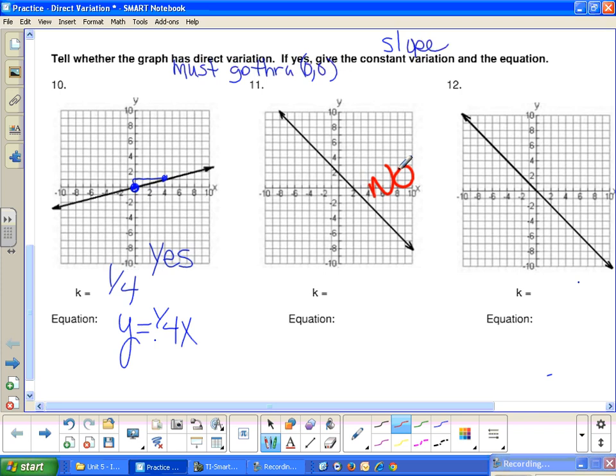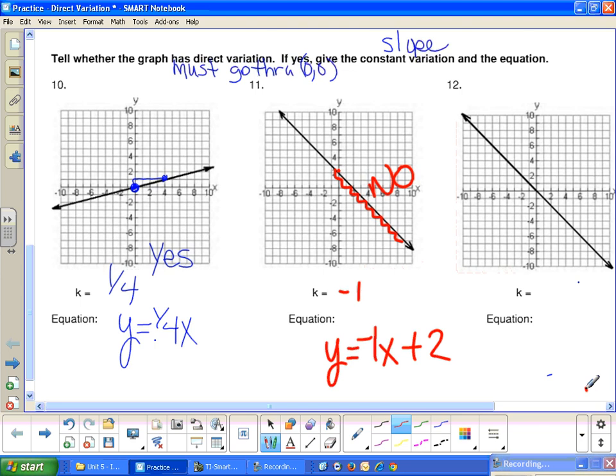However, we can still write an equation. Where does it cross the y-axis? Yeah, 2. Crosses at 2, so I have plus 2 at the end of my equation. What's your slope? The positive or negative? It's negative. So I have -1 as my slope, and that's the equation. So, I don't get the part of the equation.